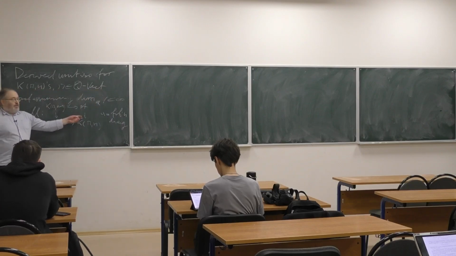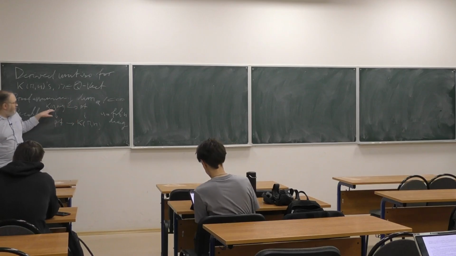And by the way, if you look at this diagram without the upper left corner, then the limit is nonsensical, but the homotopy limit is K(π, n minus 1).